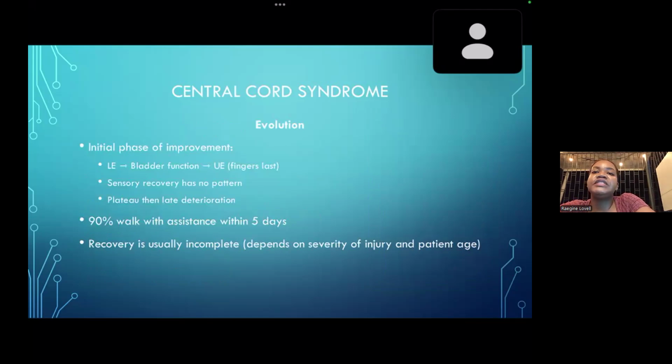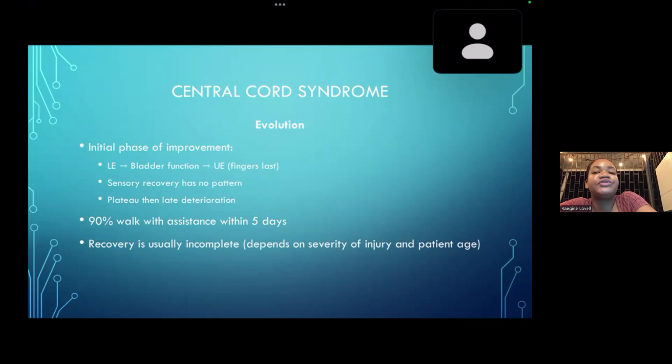So the course of symptomatology, or the evolution of central cord syndrome, you'll find an initial phase of improvement. Usually the lower extremities recover first, bladder function next, and the upper extremity strength then returns, with finger movements being last.